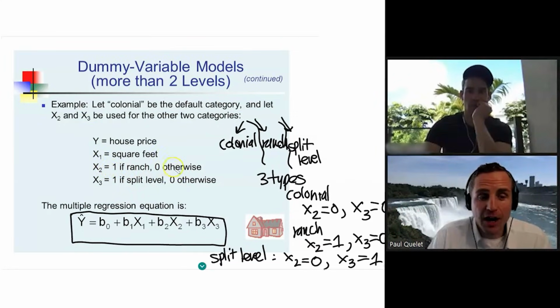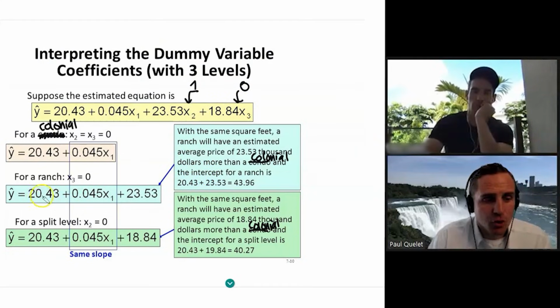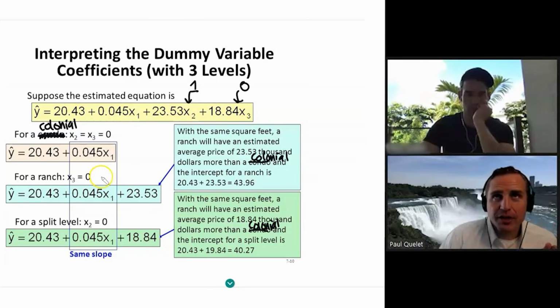Now suppose we have a ranch style house. A ranch style house is when X2 is 1 and then X3 is 0. So if we do that, we set this to be 1 and we set this to be 0. The equation becomes 20.43 plus 0.045x1 plus 23.53. What that means is, let's assume a ranch style house is more expensive than a colonial house on average.